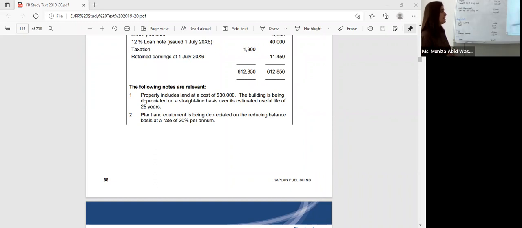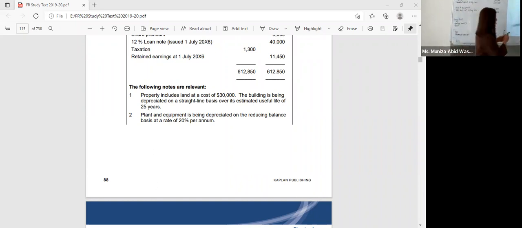The building is being depreciated on a straight line basis over its useful life of 20 years. So the building is going to be depreciated on the straight line basis over its estimated useful life of 20 years. So the total property of 150,000, we are going to deduct. Students, over here I am calculating it, okay?